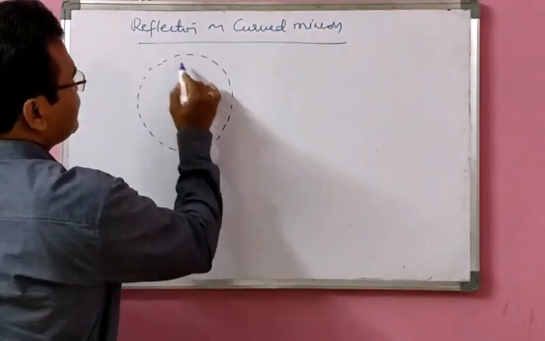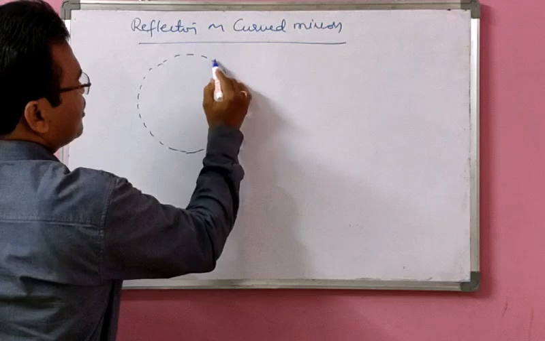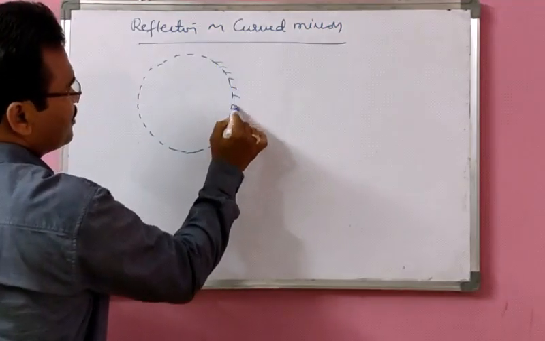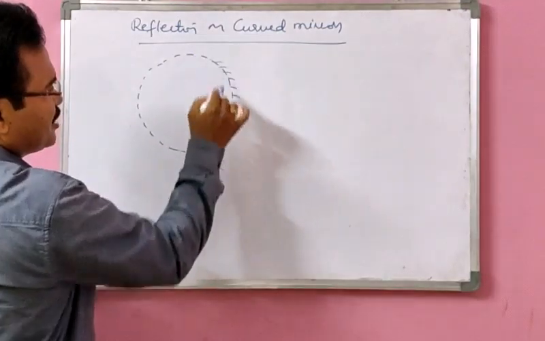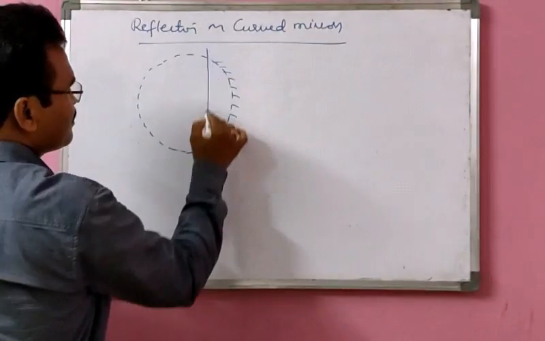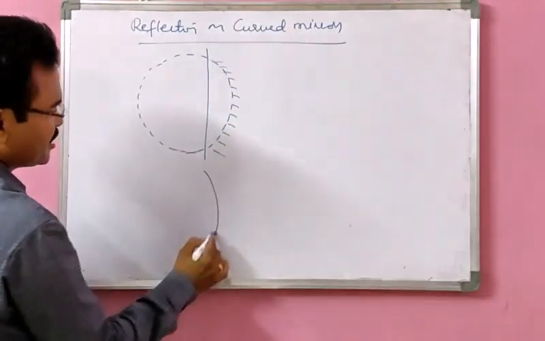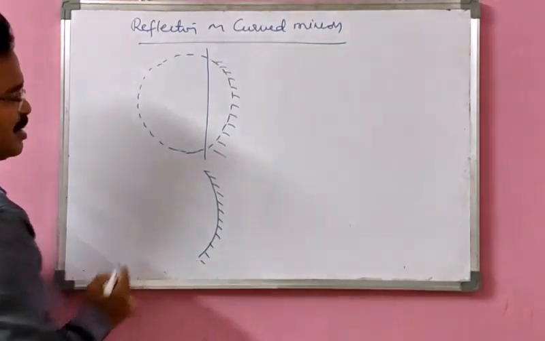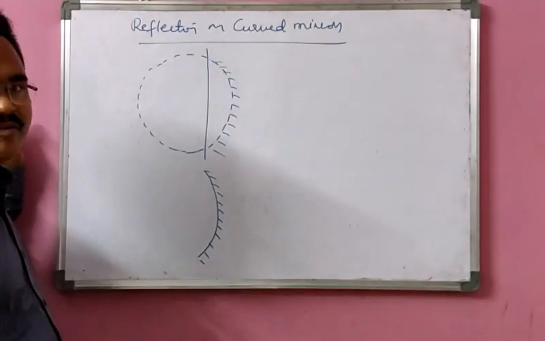If this is polished on the inner side and coated on the outside, then whatever you cut, you are going to get this type of figure, which is called a concave mirror.